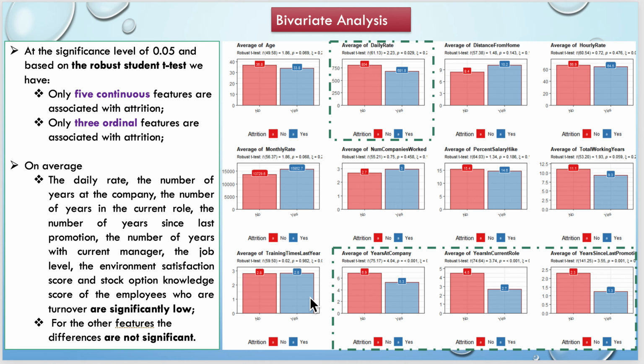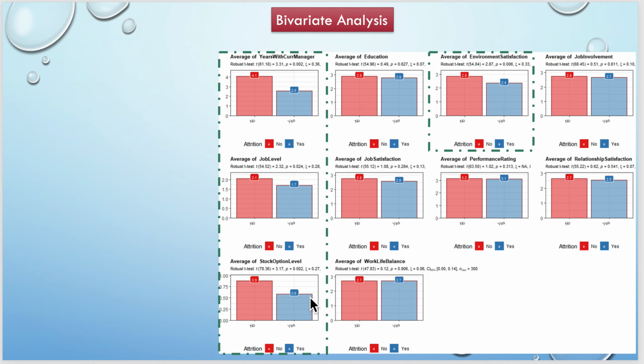On average, these were the daily rate, the number of years at the company, the number of years in the current role, the number of years since last promotion, the number of years with current manager, etc. For all of these, the scores of employees who had a turnover were very low. For other features, the differences were not significant, so they were not part of the analysis.